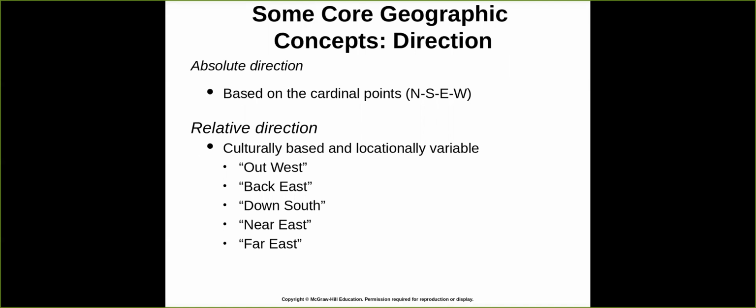Absolute direction, those are your cardinal compass points, north, south, east, west, and all those points in between as you work your way around the compass. Relative direction is going to be, as it says, culturally based and locationally variable. It depends on where you are and where you're from to some extent, as far as what a relative direction means. So what does out west mean, or back east mean, or down south?